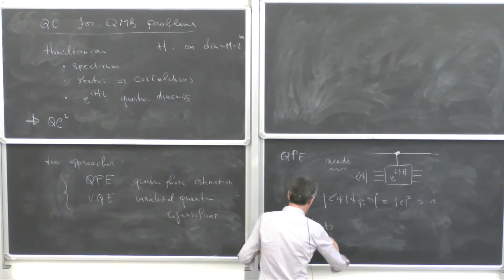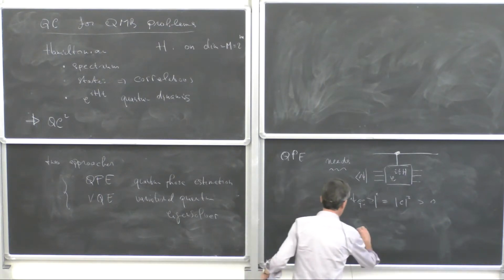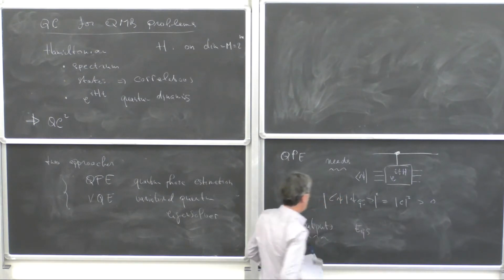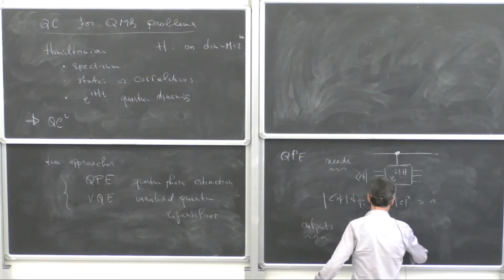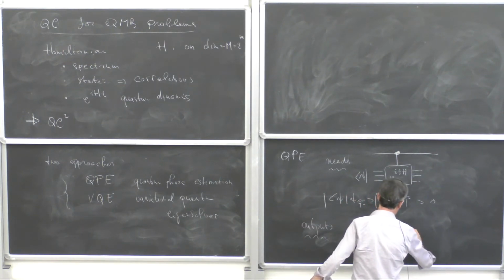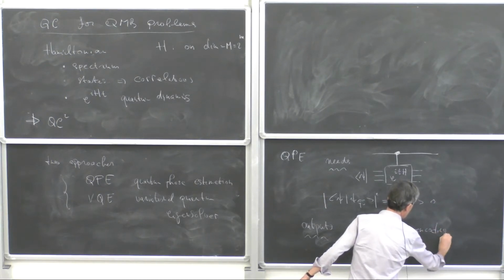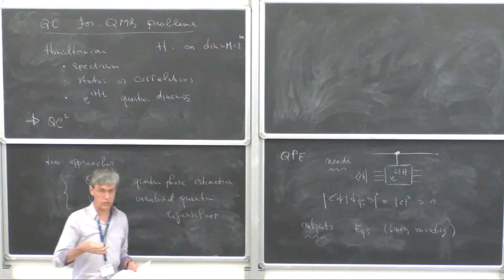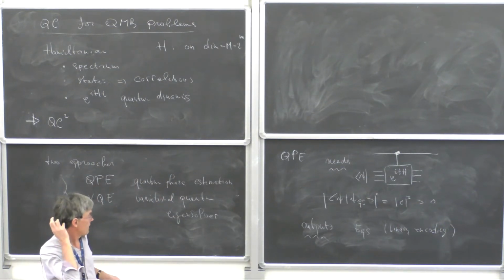First of all, it gives you E ground state in a binary encoding, meaning it's like a decimal notation in powers of 2 rather than powers of 10. I'll come to some details later.